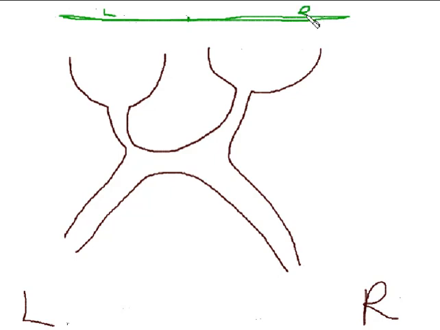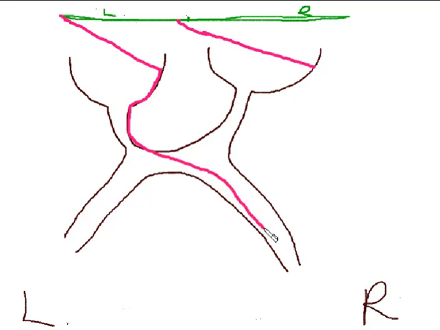So from this left field, it strikes the right half of the retina. Again, from the left field, it strikes the right half of the retina. This has struck the right half of the retina. It travels in the medial part of this optic nerve and comes on in this optic tract.